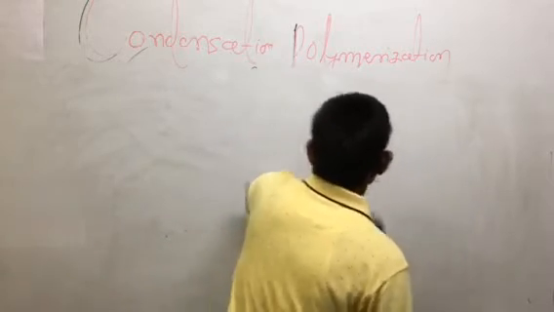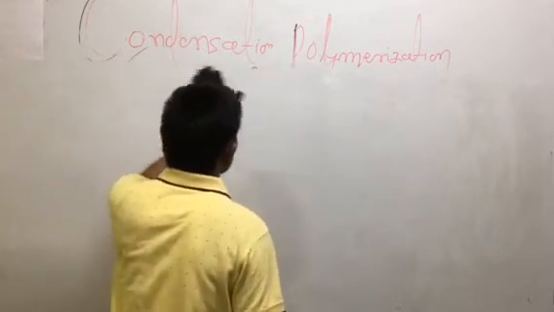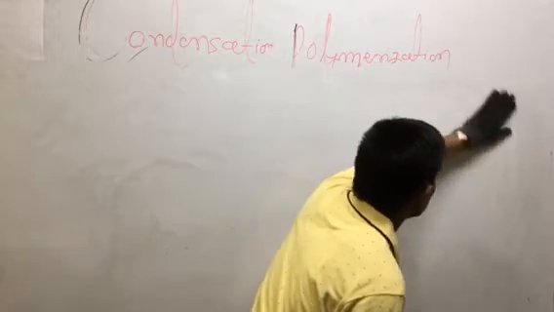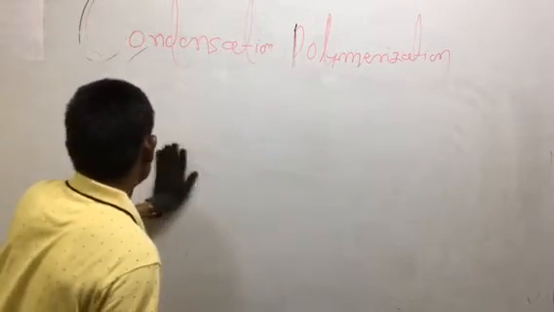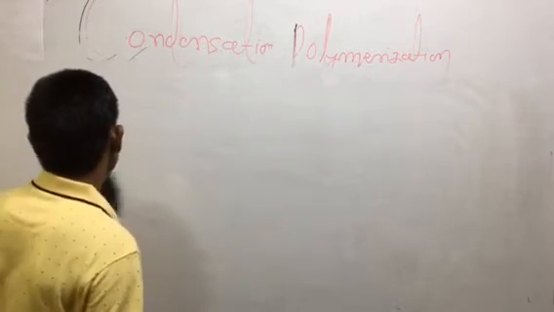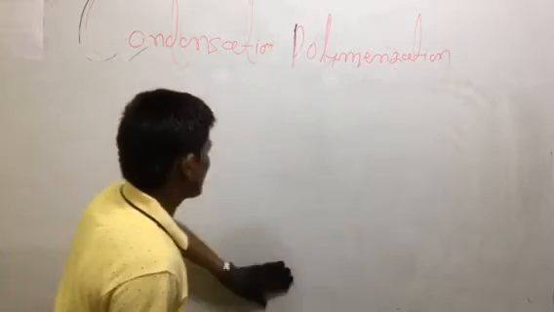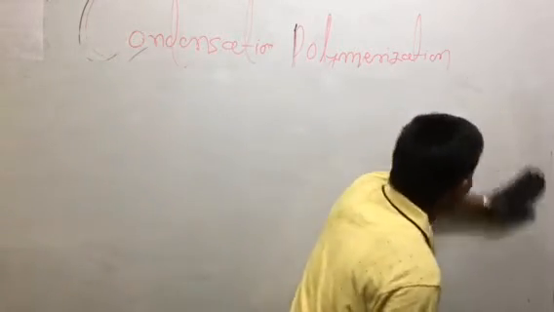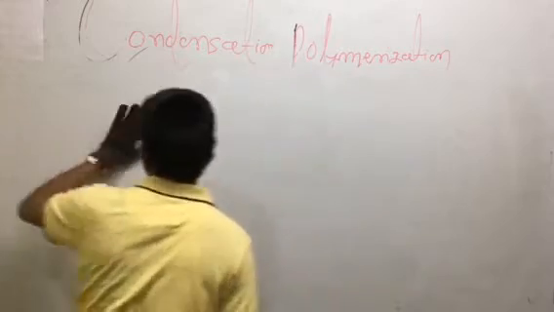Which type of product? This is nylon 6,6, again this is the Terylene. So this Terylene or Dacron and nylon 6,6 are examples of condensation polymerization.